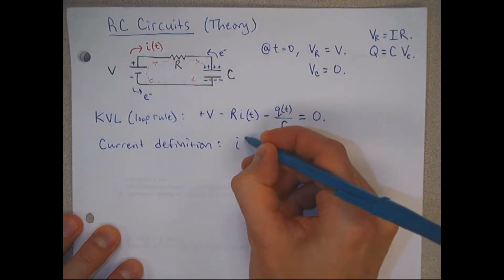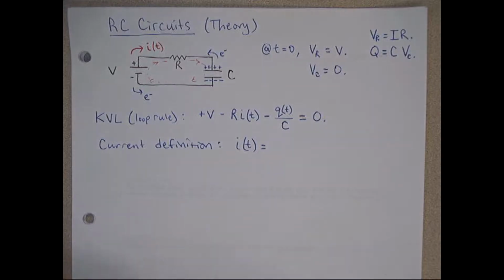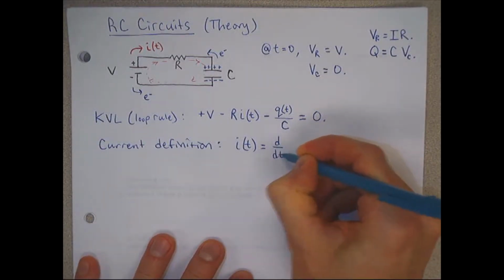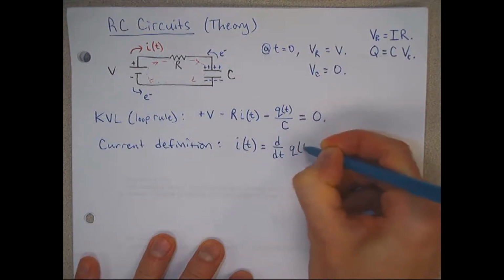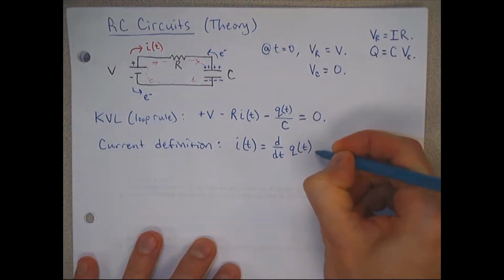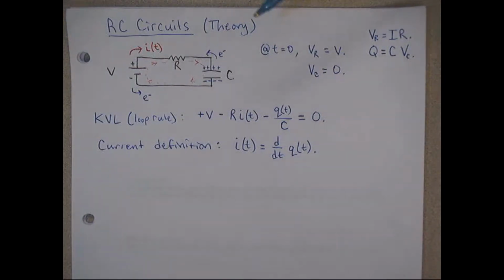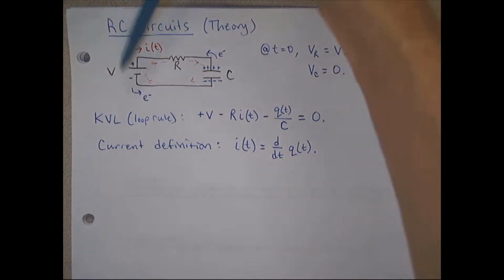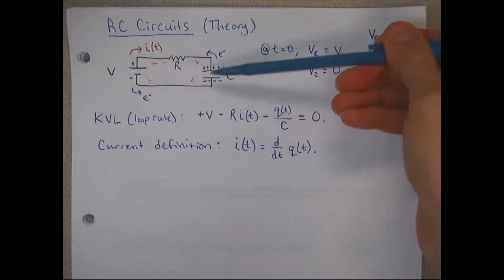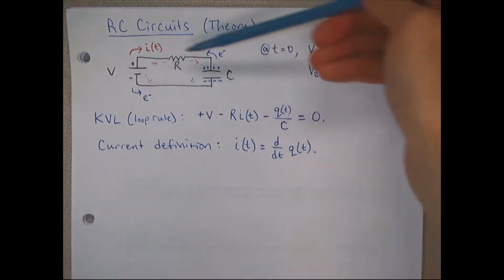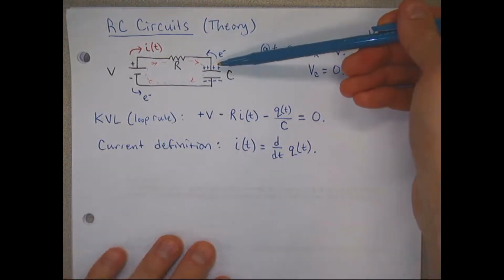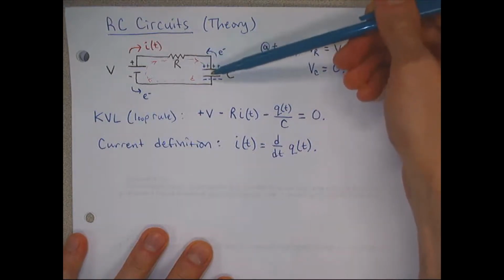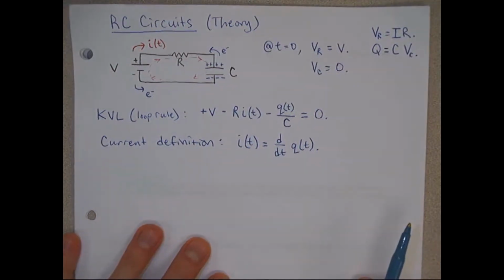This current is the time derivative, d by dt, of the charge flowing through any point in your circuit at any given time. And that will be constrained to land on the capacitor. So the current thought of as flowing through the circuit is depositing some amount of Q per unit of time onto the plates of the capacitor.